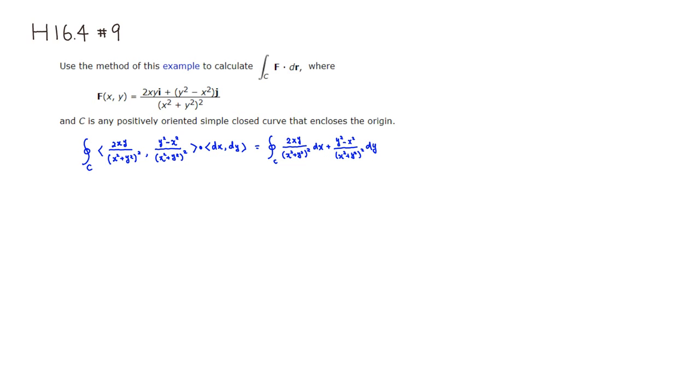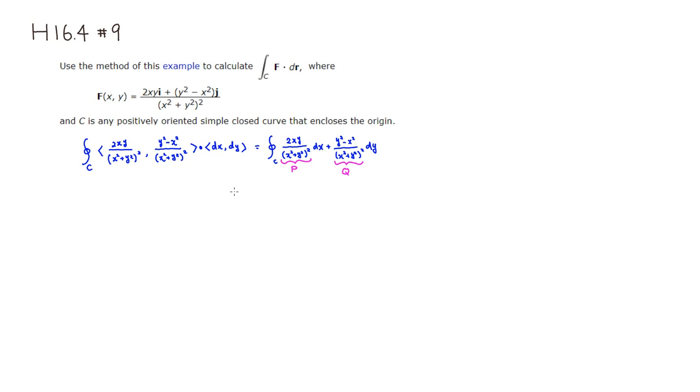We can see that this portion right here is going to be our P, and this portion right here is going to be Q. Let's use Green's theorem to rewrite this integral as a double integral.